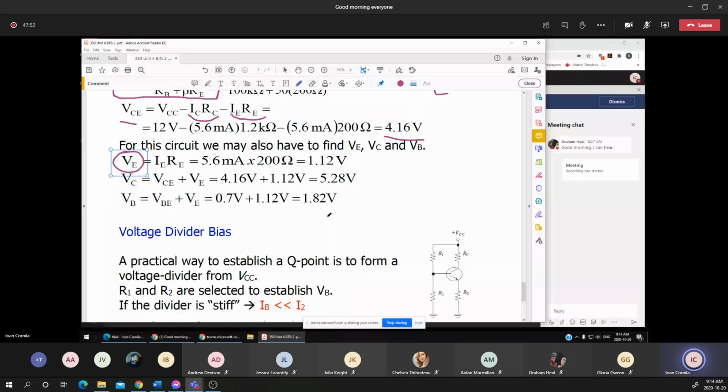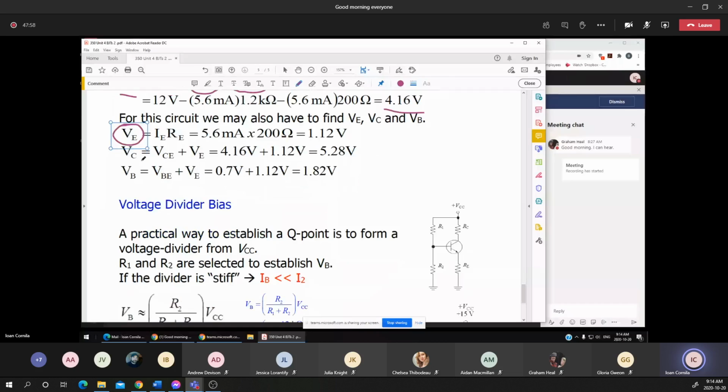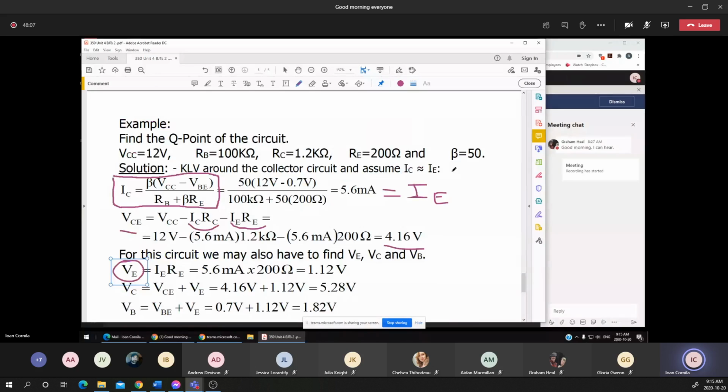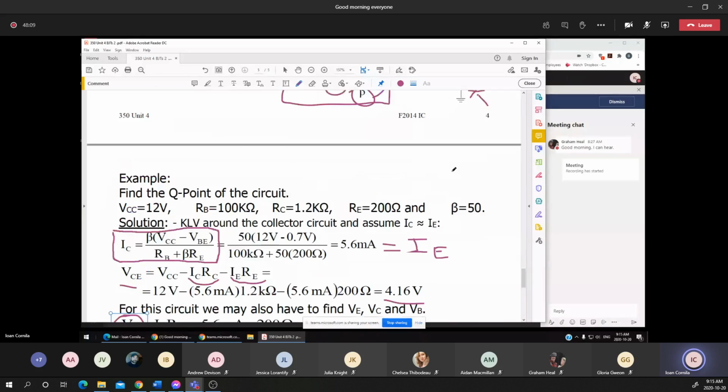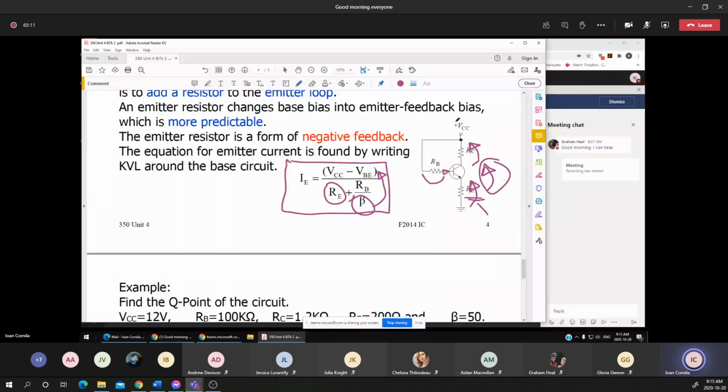The emitter current multiplied by the emitter resistance. The VC is the VCE minus the VE, or there is another way of finding the VC as the VCC minus the drop voltage across the RC.